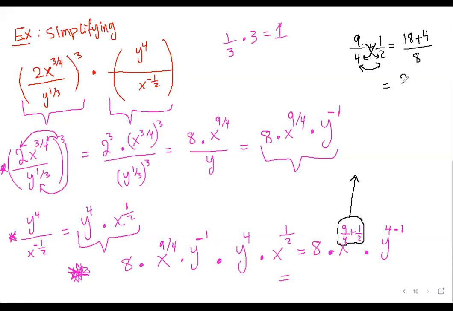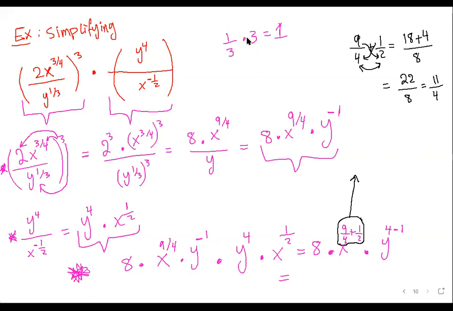The answer is 22 over 8. Divide both sides by 2, you give me 11 over 4. Simplify it. So this one here is equal to 11 over 4.